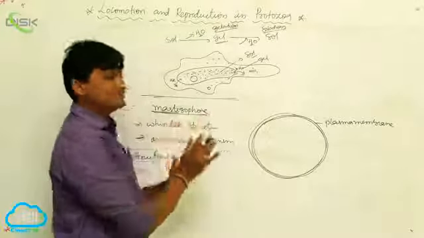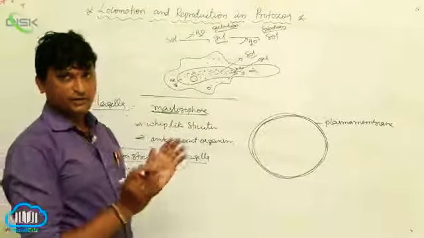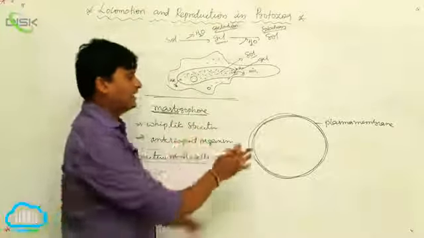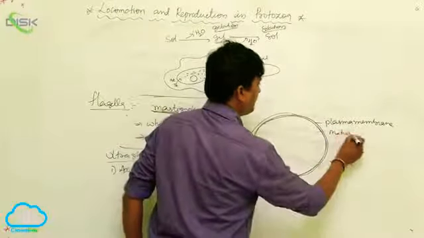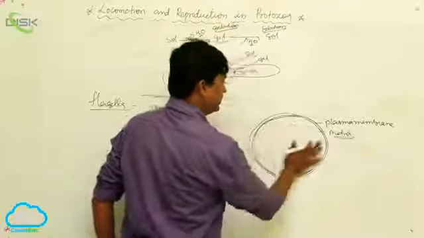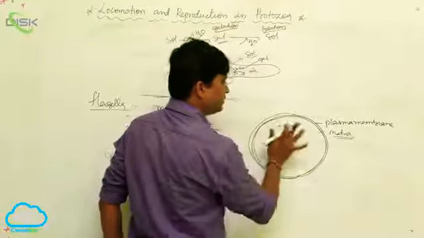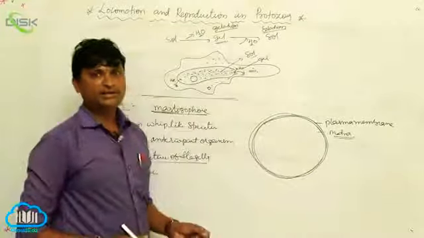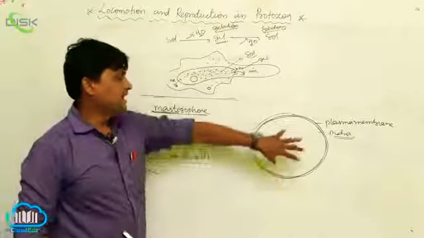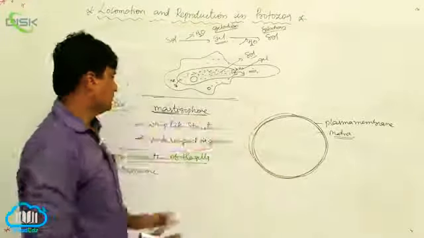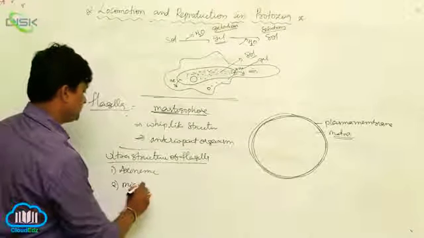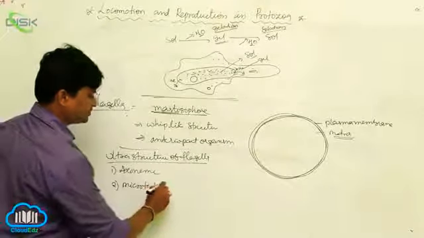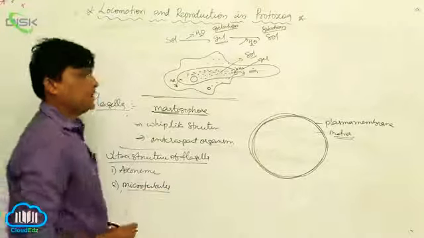What are the parts of the flagella? They are embedded in the matrix. In the entire round structure of the matrix, all the components of the flagella are embedded in the axoneme. The second one is microtubules.